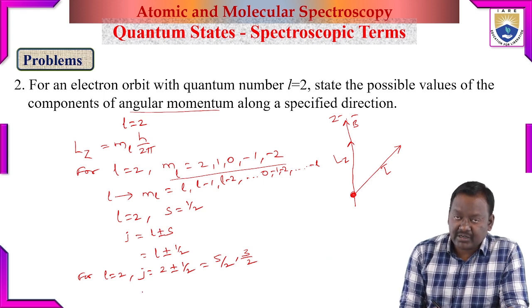For Z direction components, we need mj values.